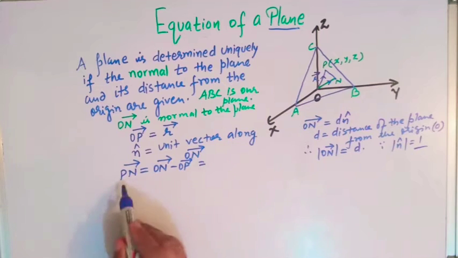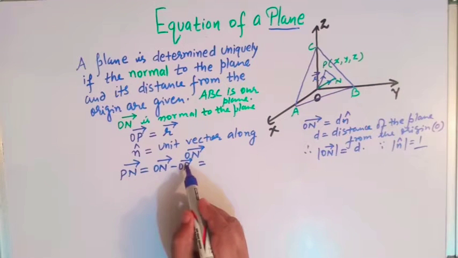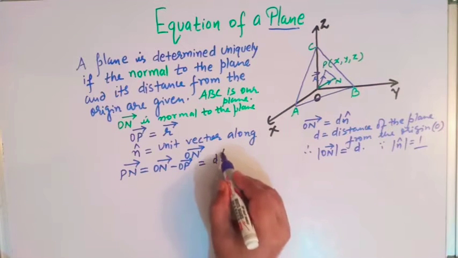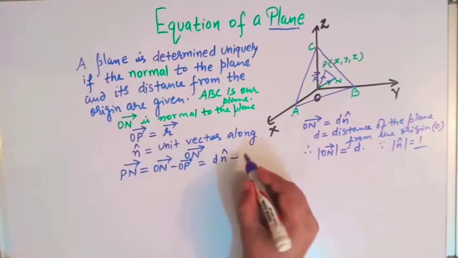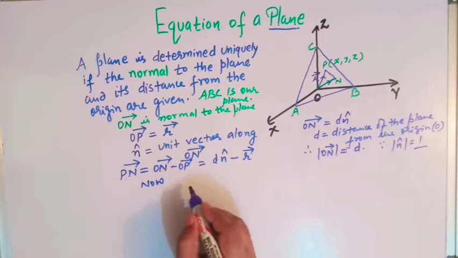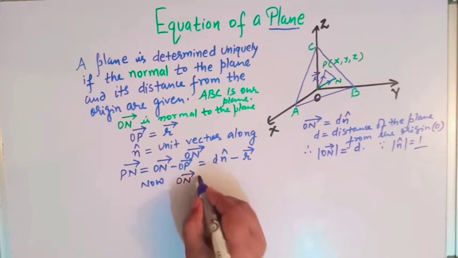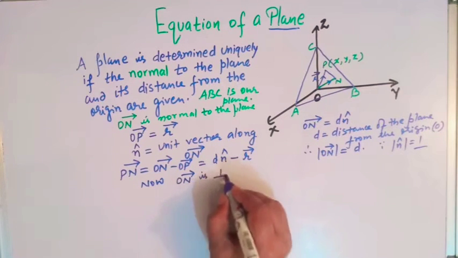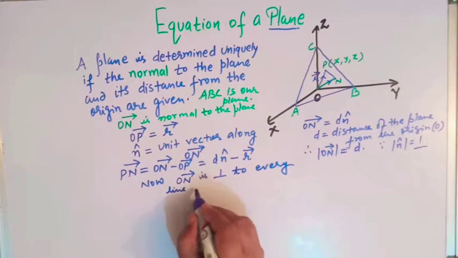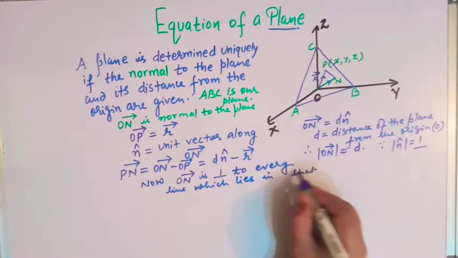Now let us come to this point. Here we have vector PN is equal to vector ON minus vector OP. Now vector ON can be written as d n cap, and vector OP is vector r, right? Now we know that this ON vector is perpendicular to every line which lies in that plane, right?